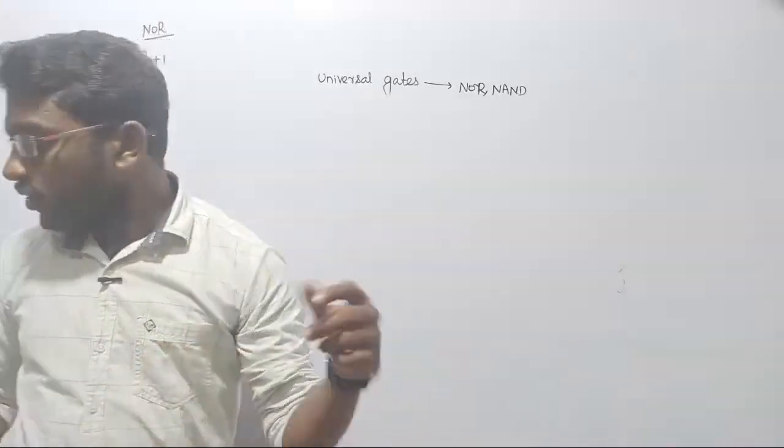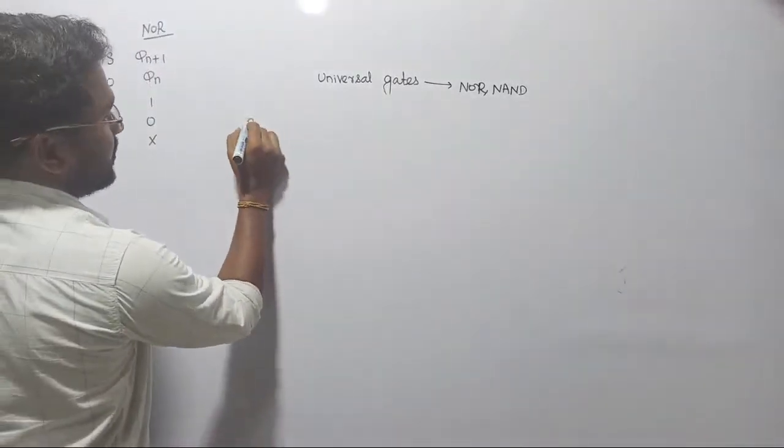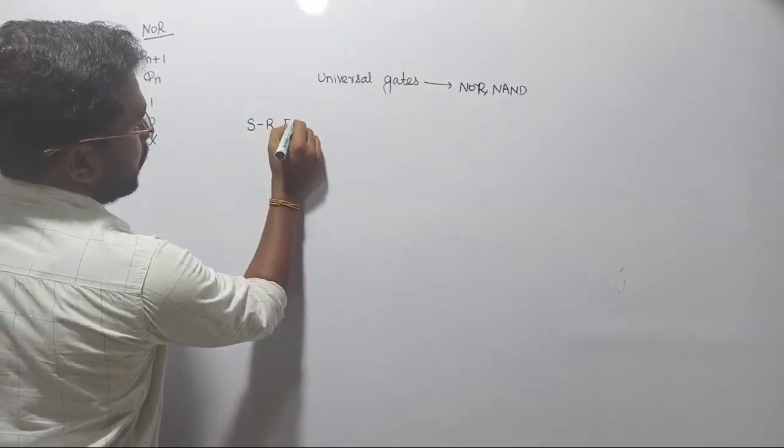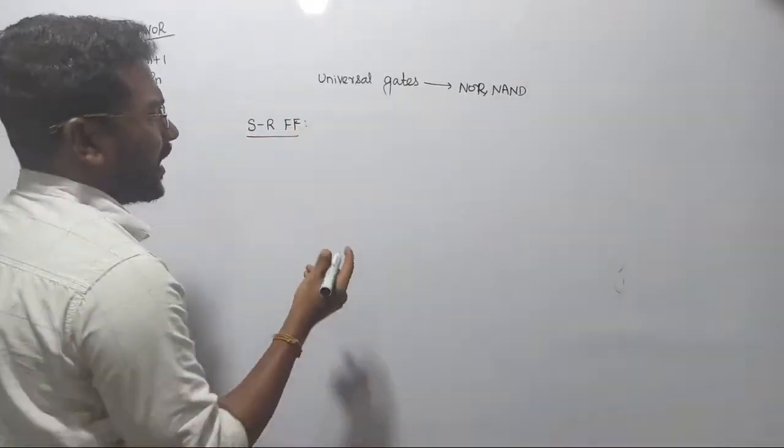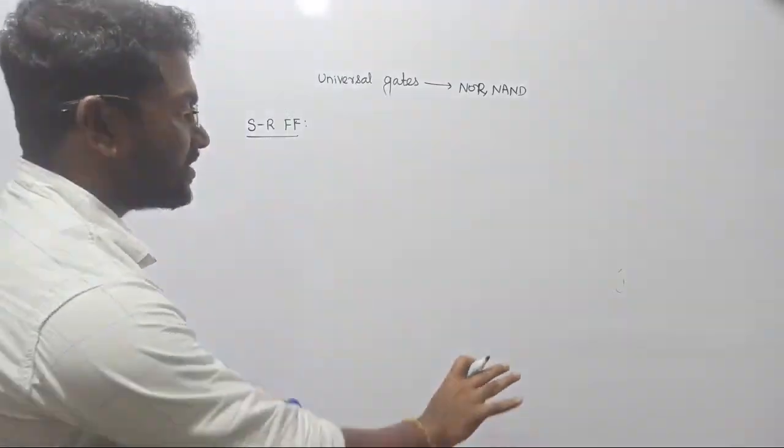First I would like to design the SR flip-flop. So let us design the SR flip-flop. I am slightly modifying the circuits that we saw in our last class, just to refresh those things. Right, let's start from the beginning.